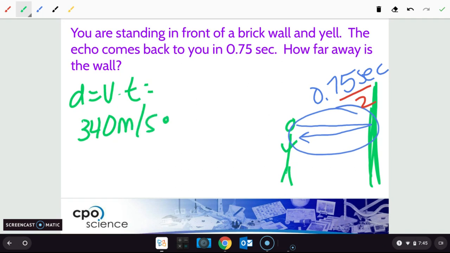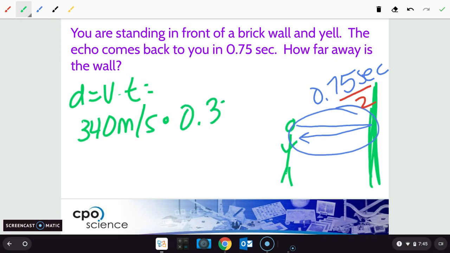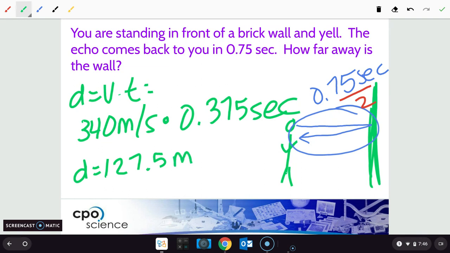And the time I would use is half of that 0.75, which is 0.375 seconds. And when you multiply those two together, you will get a distance of 127.5, and distance is measured in this case in meters.